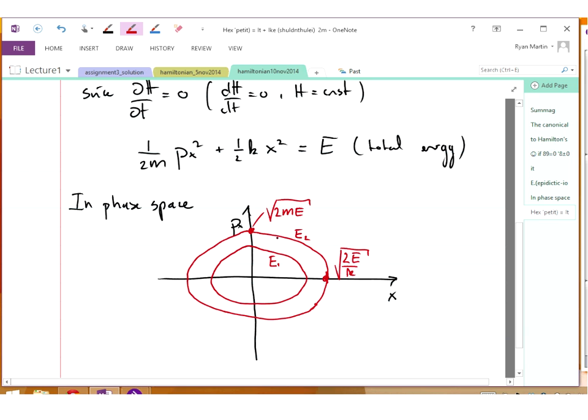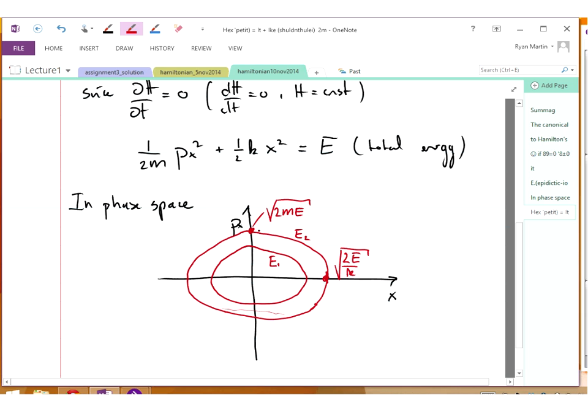And so that'll be one point on one of the ellipses that's determined by the energy. If you let the oscillator progress through time, it's going to move around that ellipse until it comes back to where it started. So this particular Hamiltonian in phase space gives motion that is closed and in the shape of an ellipse.